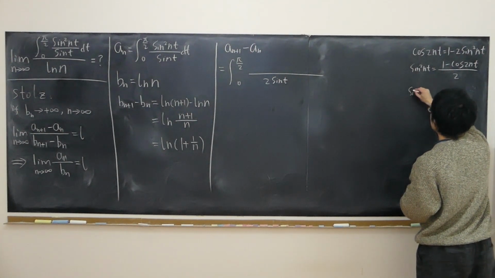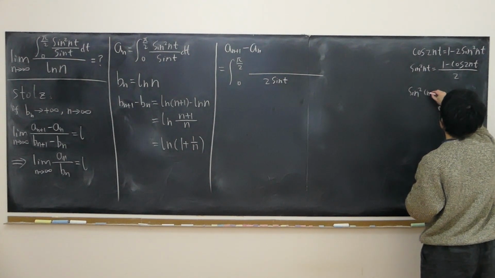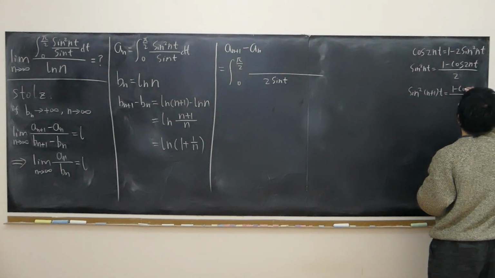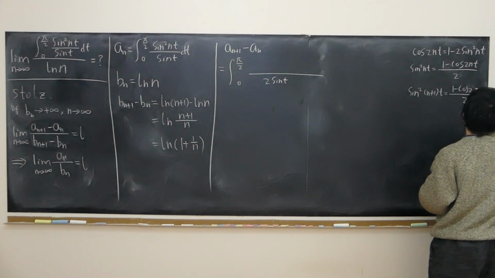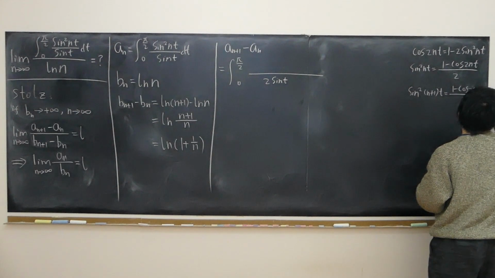Likewise, sine square of (n plus 1) times t is equal to half of 1 minus cosine of twice (n plus 1) times t.